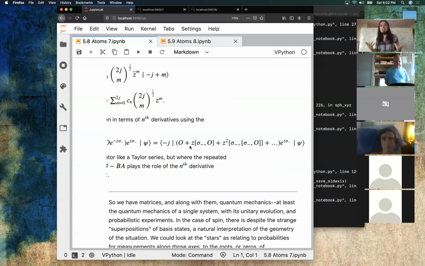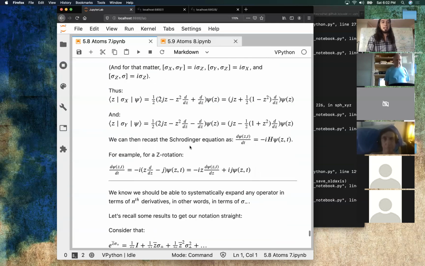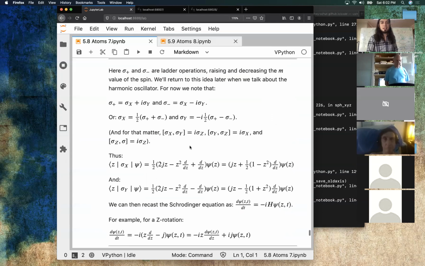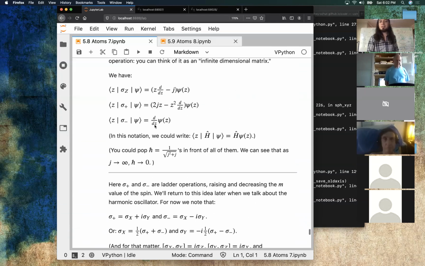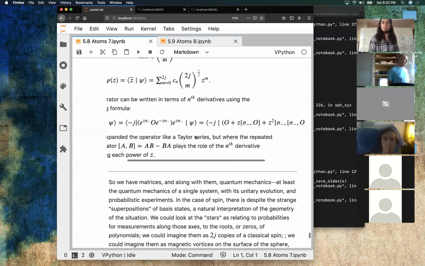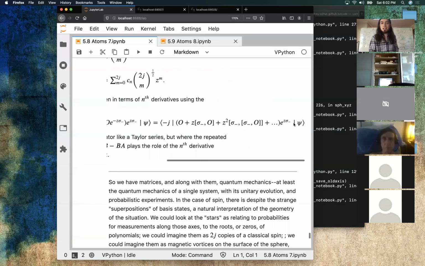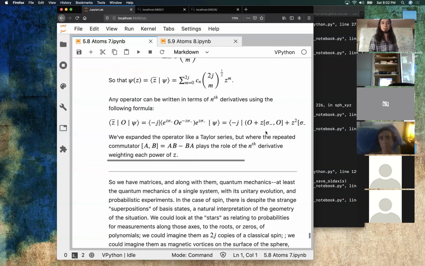And remember, what is sigma minus? Sigma minus in the polynomial representation is just take the derivative, right? So this amounts to saying, like I was alluding to before, we can expand a differential operator in terms of the nth derivatives, and that's just what this is doing here.